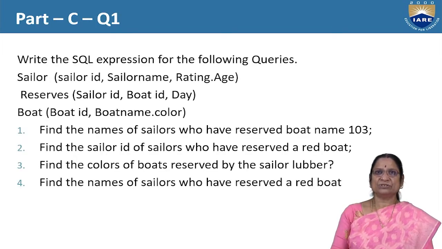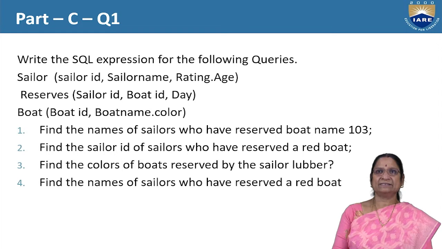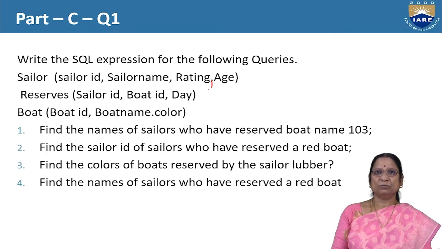So first, the first question: write SQL expressions for the following queries on sailor, reserves and boat. This is the schema of the relations. Sailor has sailor ID, sailor name and rating, and age is another attribute. Reserves, boat. These questions were already discussed using relational algebra in the previous lecture.